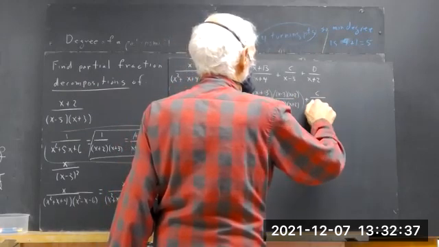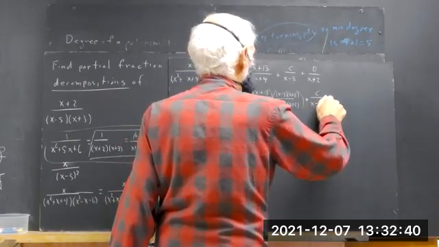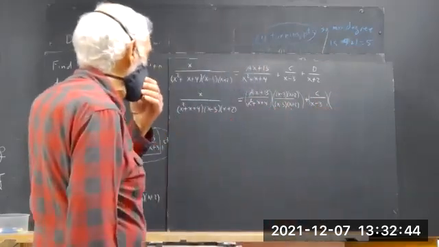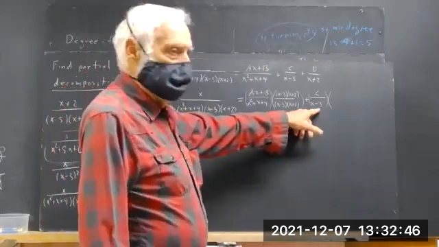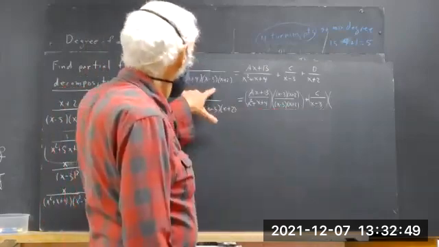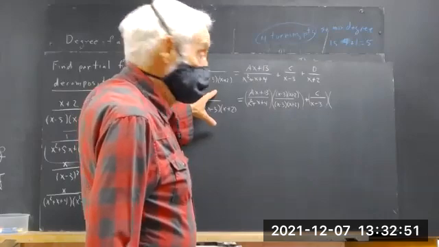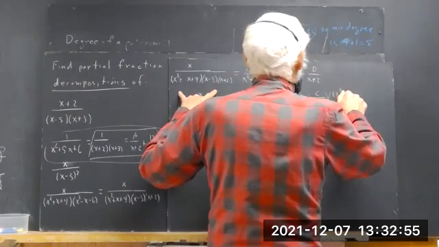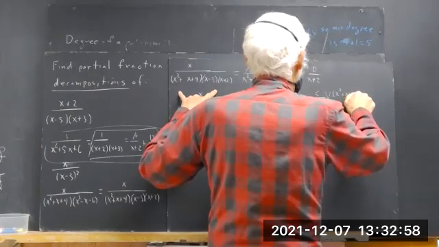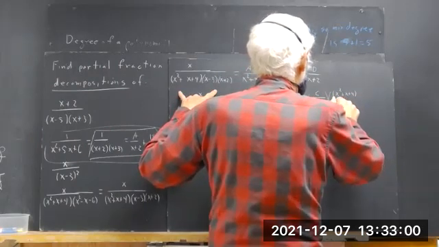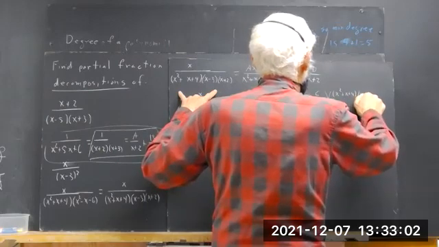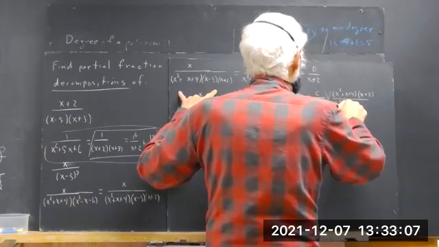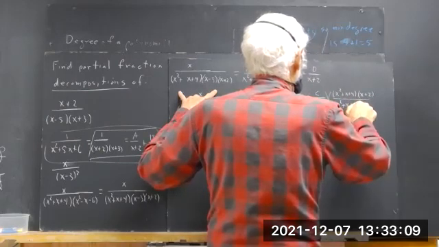And then we've got c over x minus 3. We're going to multiply that by everything that we don't have in the denominator that we need, which means we're going to multiply by x squared plus x plus 4 times x plus 2 over the same thing.